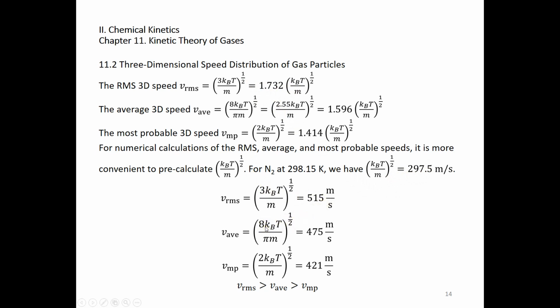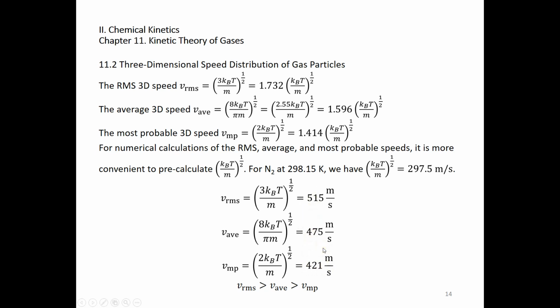Multiplied by the square root of 8 over pi, we get the average speed, and multiplied by the square root of 2, we get the most probable speed. And you can see the order of the 3: 515, 475, 421.